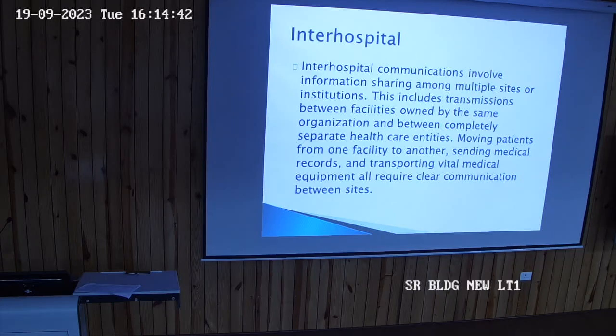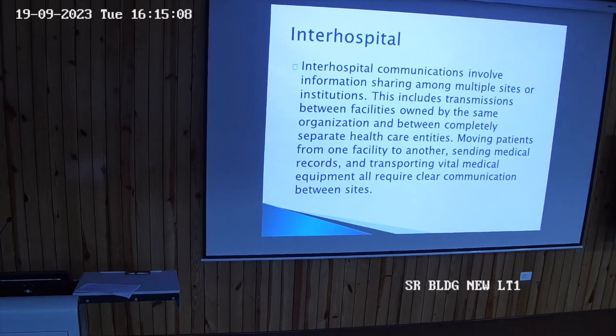That includes transmissions between facilities owned by the same organization and between completely separate healthcare entities. Moving patients from one facility to another, sending medical records and transporting vital medical equipment all require clear communication between the sites, right?